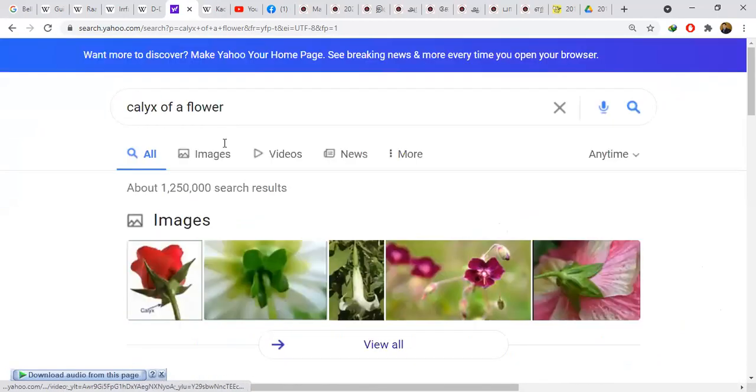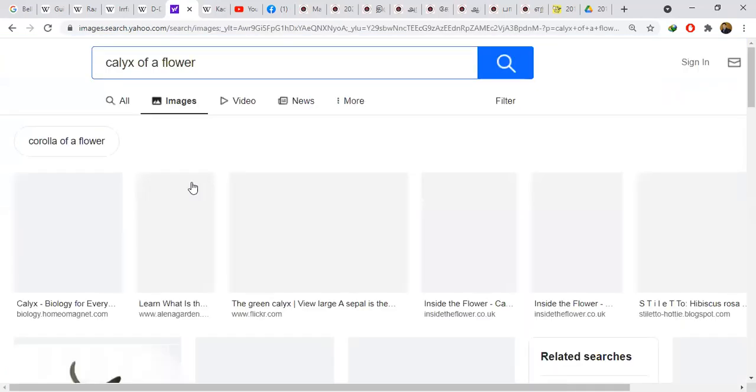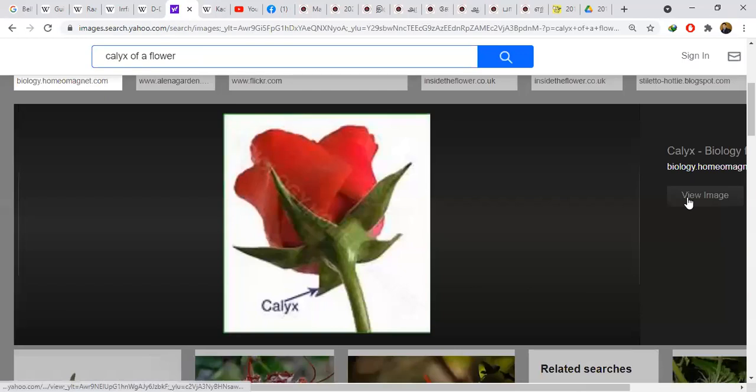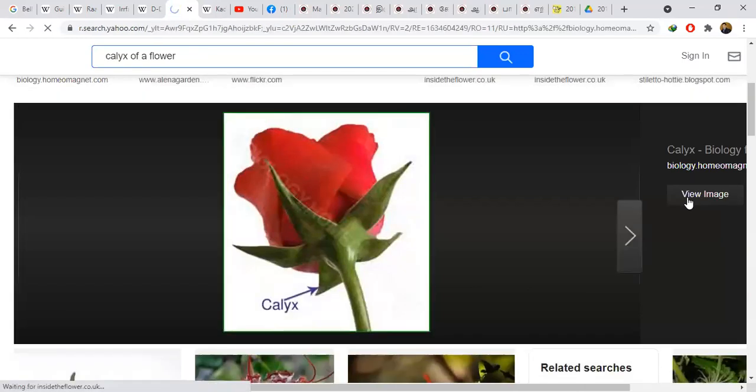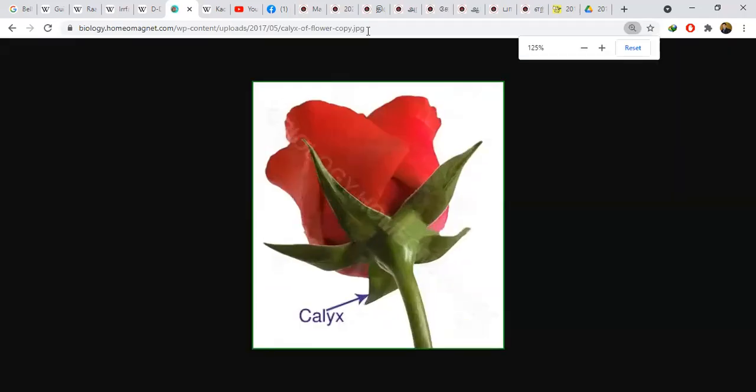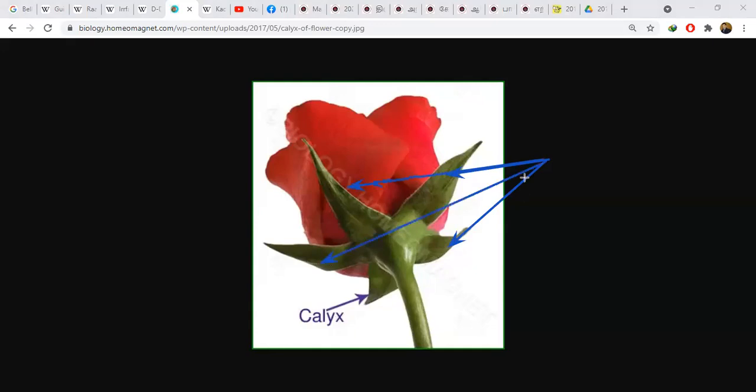Once you go for the diagram, here you can see this picture, right? In this place, each of this is a sepal. 1 sepal, 2 sepal, 3 sepal, 4 sepal, 5 sepal. All sepals together, 1 calyx.